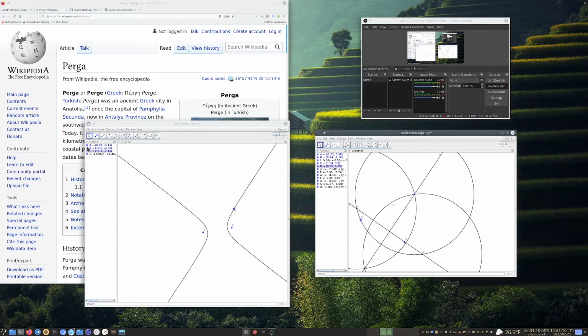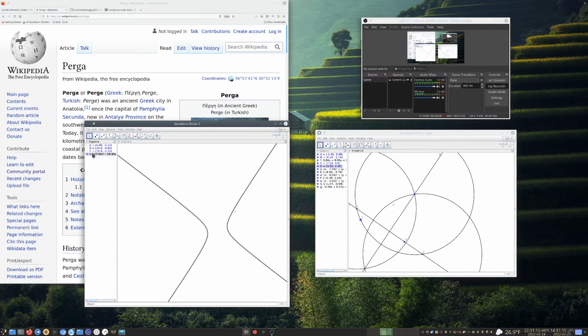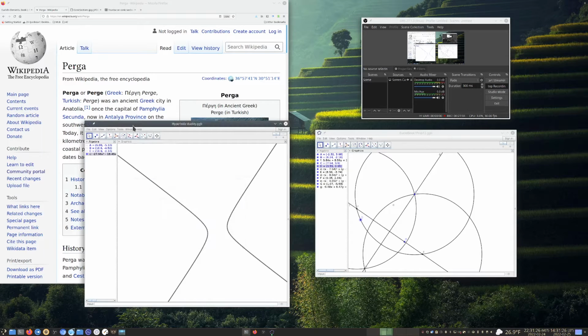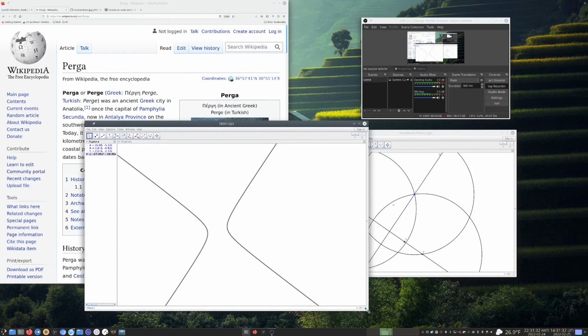So I'm going to hide A, B, and C, and we're just going to fix this. I don't want the label. Okay. Let's just call this hyperbola duality. So what I'm going to show you is a more advanced version of something called projective geometry. So projective geometry is a more primitive version of Euclid's geometry.